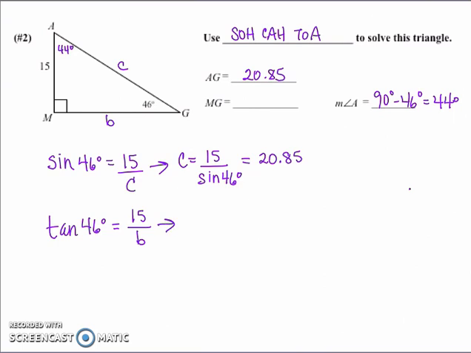Again, my fancy algebra tells me that b will be equal to 15 divided by the tangent of 46 degrees. Grab your calculator, still in degree mode, and we find out that the length of the bottom of our triangle is 14.49, which does make sense for the given information.